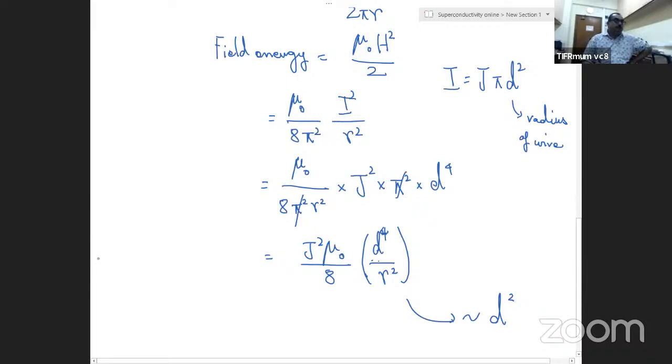So therefore the magnetic term in the free energy is of the order of j square mu 0 by 8 d square.